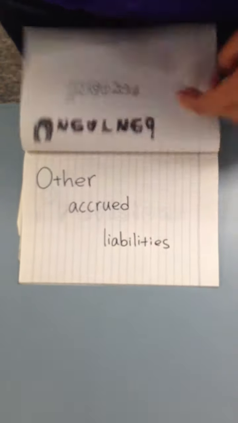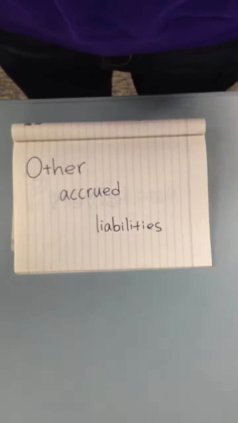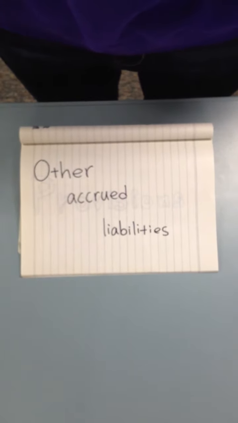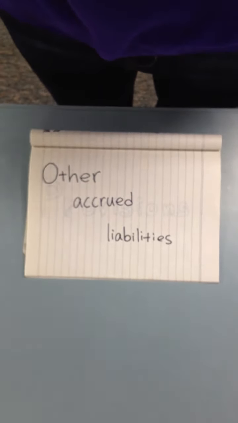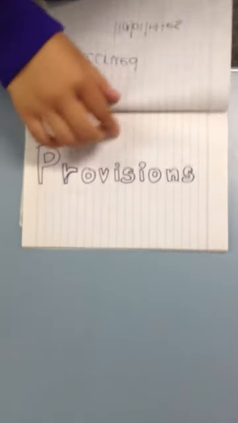Next is other accrued liabilities. It includes payroll taxes and other withholdings, GST obligations, accrued property taxes, accrued expenses, income tax payable. And the next is provisions.